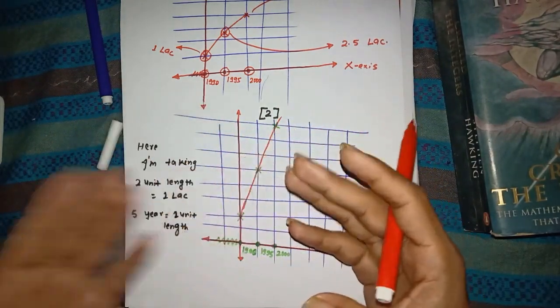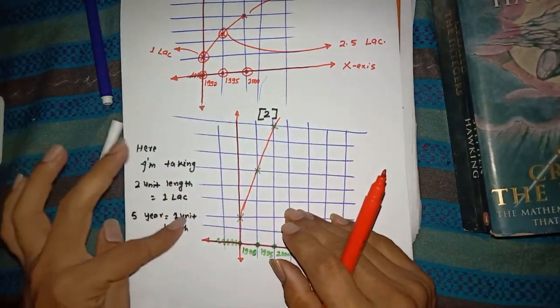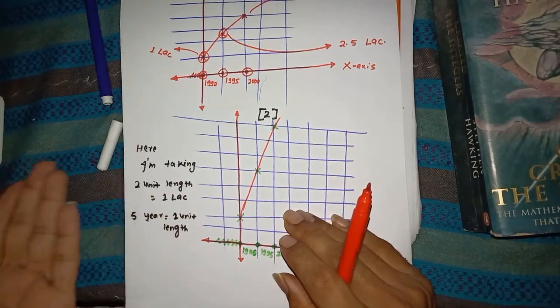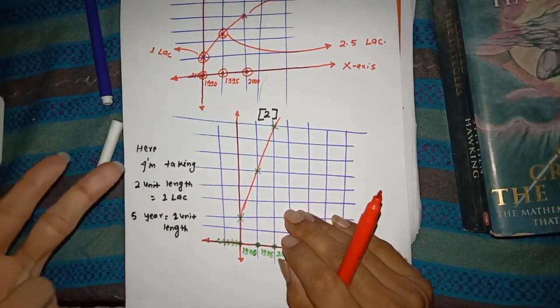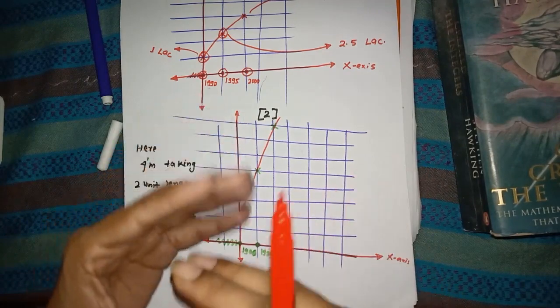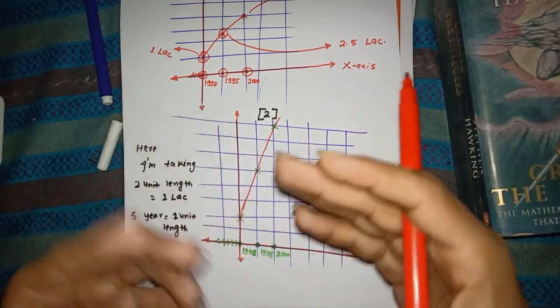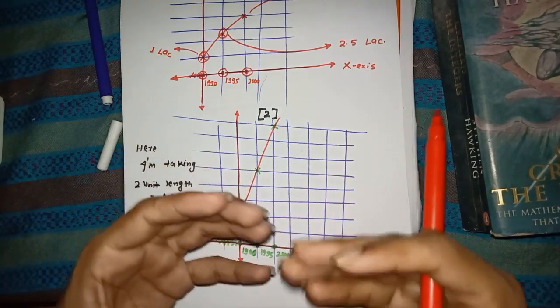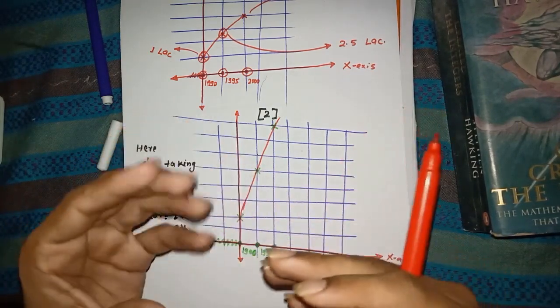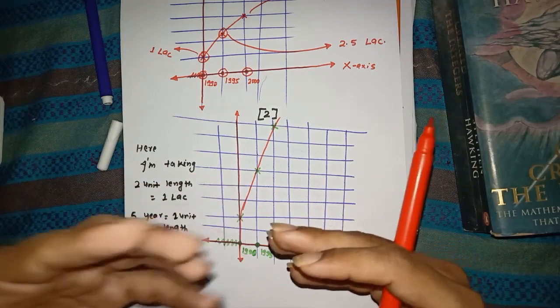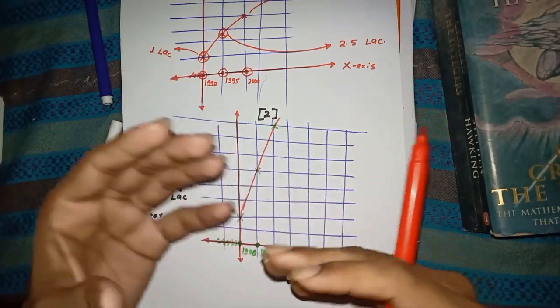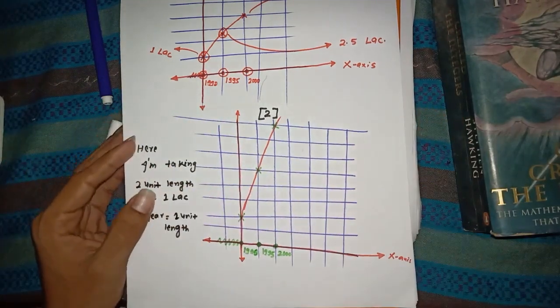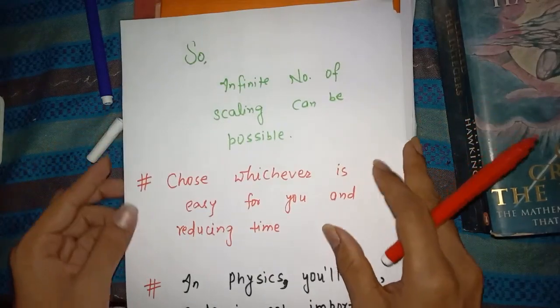There may be an infinite number of scales you can choose as per your convenience. I can take 10 years as 1 unit length, 15 years as 1 unit length, or 4 units as 1 lakh. So you can take whatever is easy for you, whichever scale reduces your time in solving the problem.